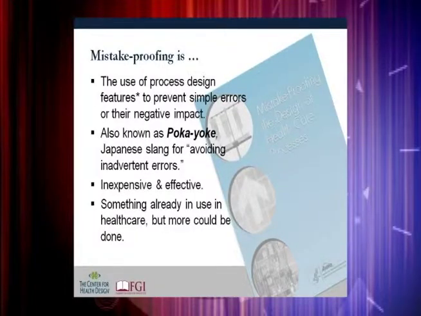Mistake proofing is the use of process or design features to prevent simple errors and their negative impact. Generally speaking, mistake proofing will not work on knowledge-based errors. That is, errors where deliberation is required, where you have to think about what the right answer is before you can do it. It works reasonably well on rule-based. It works very well on skill-based.